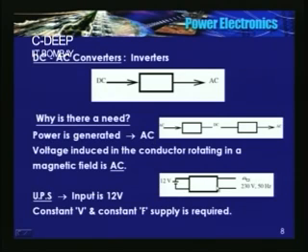Now I will give you two application examples. Take for example the inverter which is used in our home, or a UPS used in a computer center as a backup. What does the inverter used in a home do?